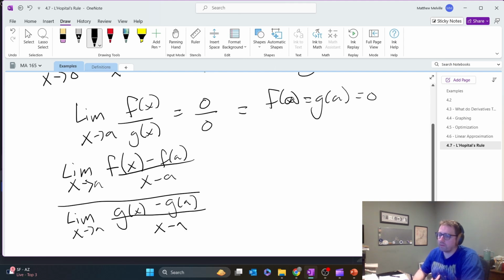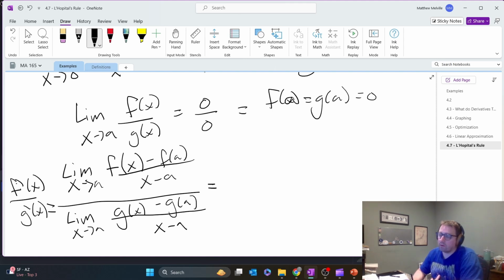Now this is the definition of the derivative, so this is f prime of x over g prime of x. Well, x minus a divided by x minus a, they cancel out.